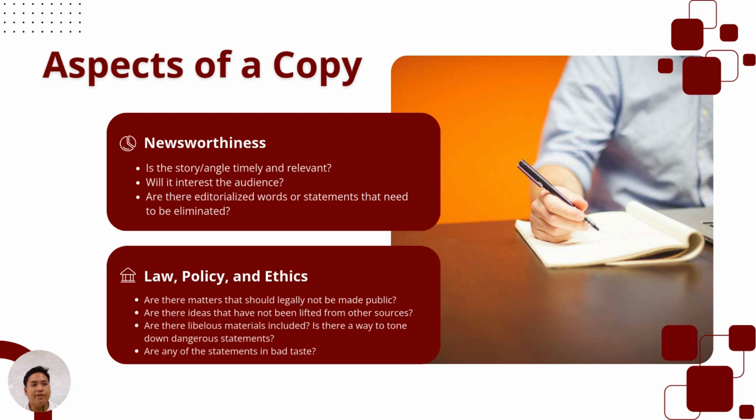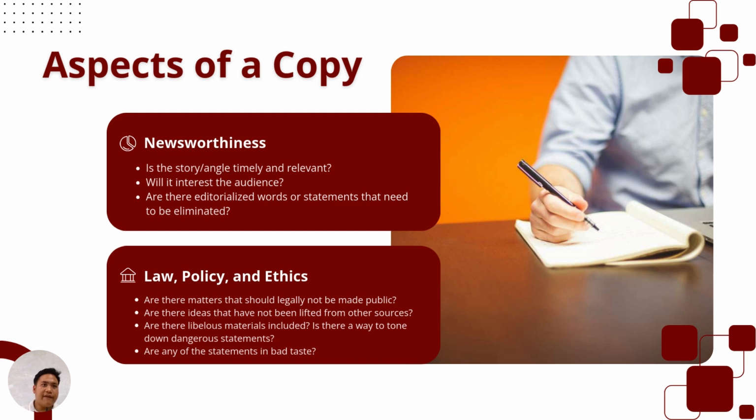So, for newsworthiness, the question is whether the story or its angle is timely and relevant, and whether it will capture the audience's interest. Here the editors check for any editorialized words or opinions that could make the story biased, removing them to ensure the piece is objective and engaging.